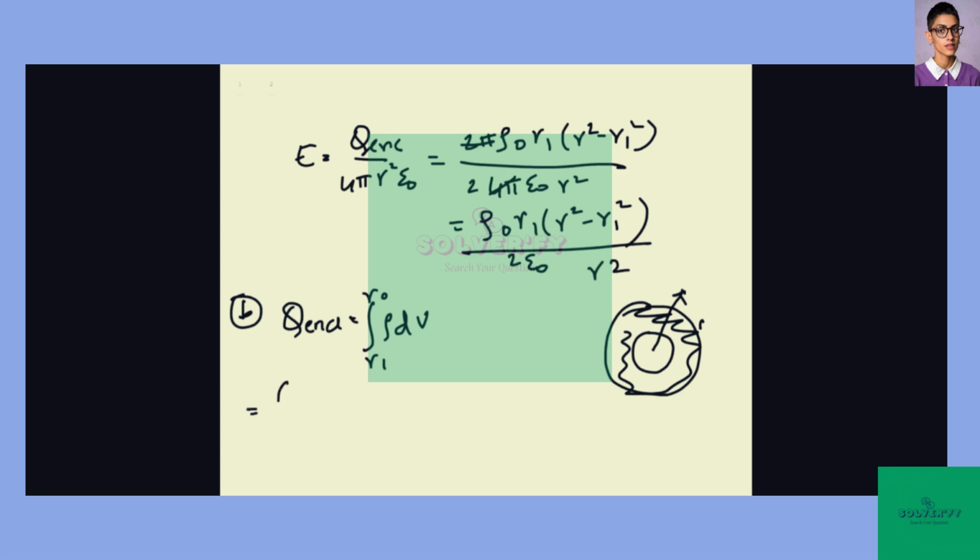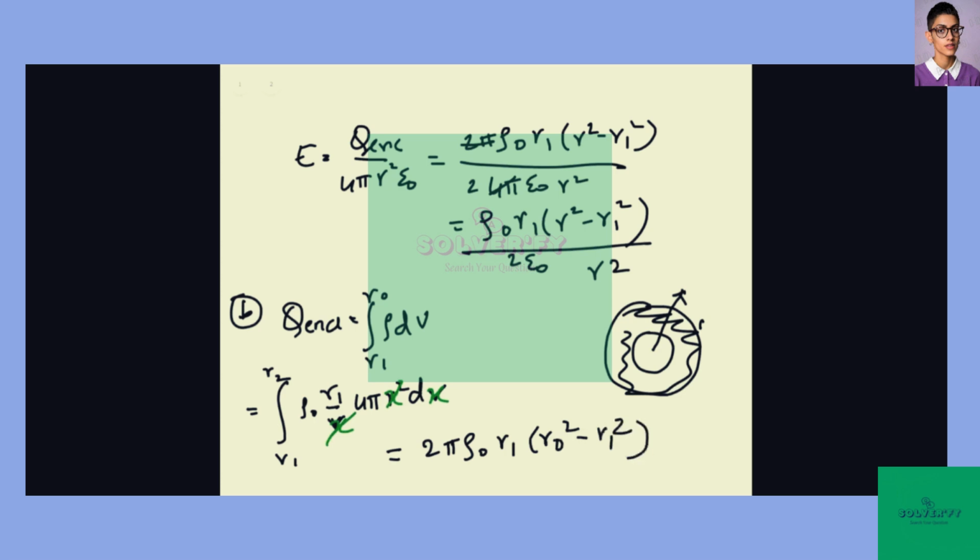So that is integral rho naught r1 by r 4 pi r square dr, with limits from r1 to r0. Again, I'll make our dummy variable x, and I'll cancel one of the x's off. And this gives us, just like the last time, 2 pi rho naught r1 into r0 squared minus r1 squared. Instead of r, you have r0. That's it.